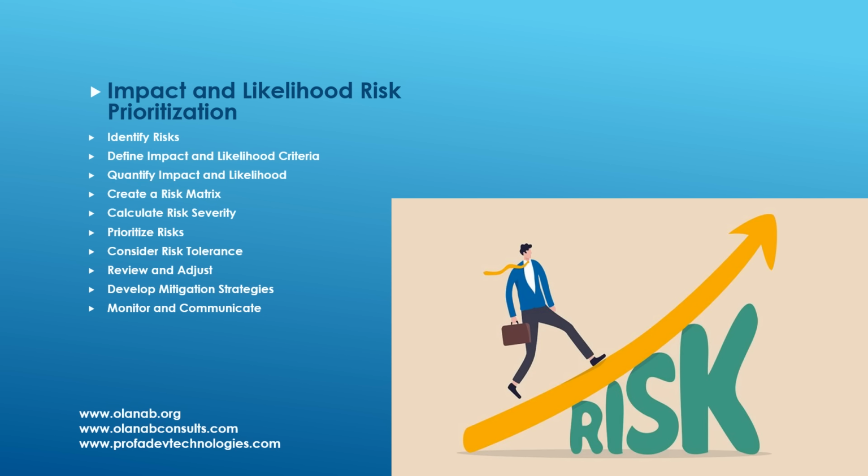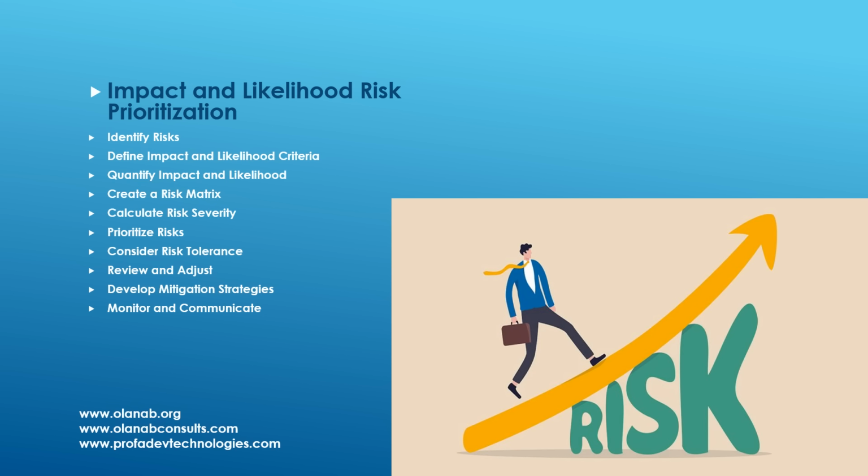Develop mitigation strategies. Once risks are prioritized, develop mitigation strategies for high priority risks. These strategies may involve risk avoidance, risk reduction, risk sharing, or risk acceptance. Next, monitor and communicate.